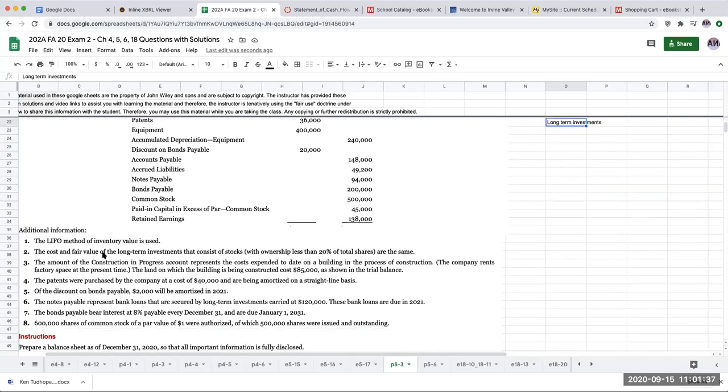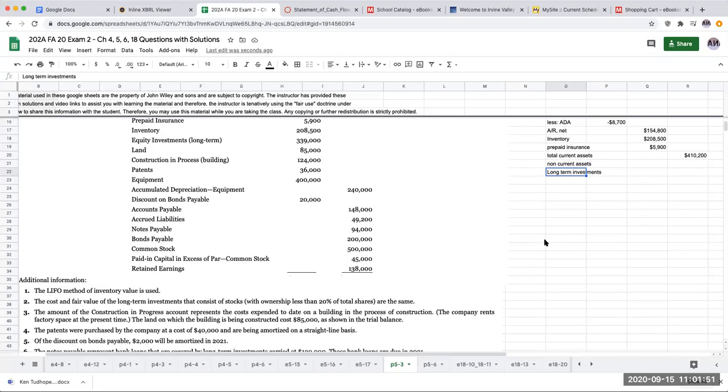And what it tells us about those equity investments, long-term investments that consist of stocks with ownership less than 20%, are the same. So over here, we'll just say equity investments. We'll say this is going to start out at 339,000.